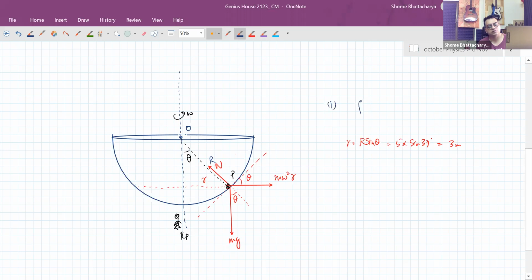First part, there's no friction. So a condition for equilibrium here without friction is that the centrifugal force's cos component is balanced by the mg sine component.